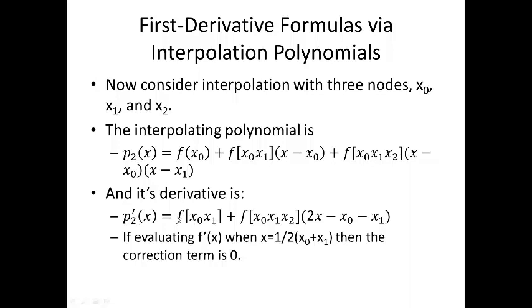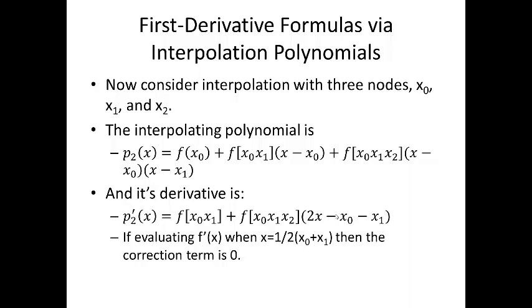P2 prime of x is the divided difference f[x0, x1] plus the divided difference f[x0, x1, x2] times 2x minus x0 minus x1. And if evaluating f prime of x when x is equal to 1/2 of x0 plus x1, then the correction term actually turns out to be 0. Now here the right hand side consists of two terms. The first is a previous estimate, and the second is a refinement or correction term. Thus the first term in this case must be more accurate than those in other cases because the correction term actually adds nothing to it.